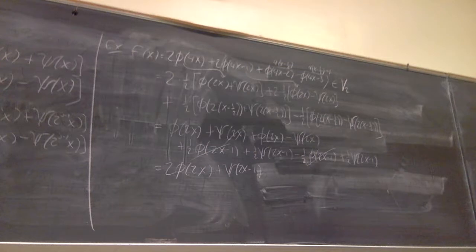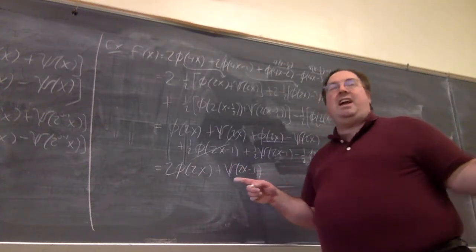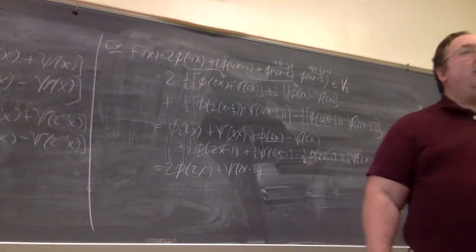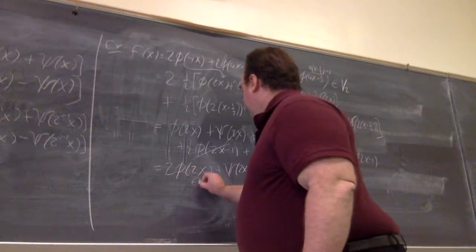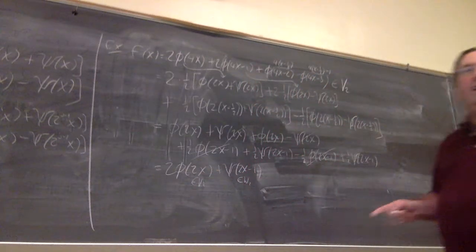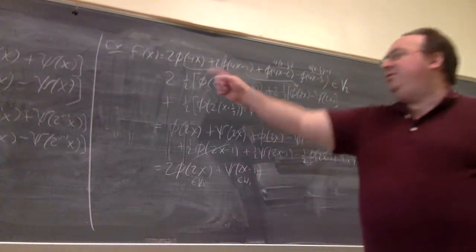But I need to go further because this is in V1, which I can't have. I need to have only V0 and then any W I want. So this is in V1, this is in W1, which is okay. So I don't have to do anything more with that term. But for this term, I can use this again.